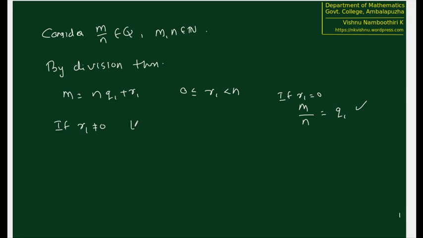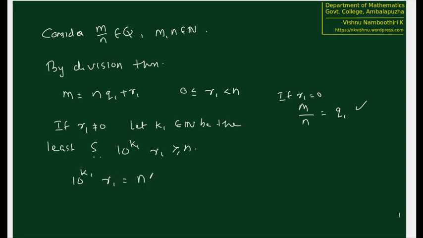So let k1 belong to the natural numbers be the least such that 10 to the power k1 r1 is greater than or equal to n. So we multiply r1 with this and write n q2 plus r2, where 0 less than or equal to r2 less than n.